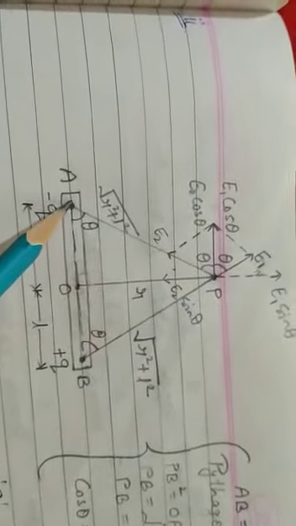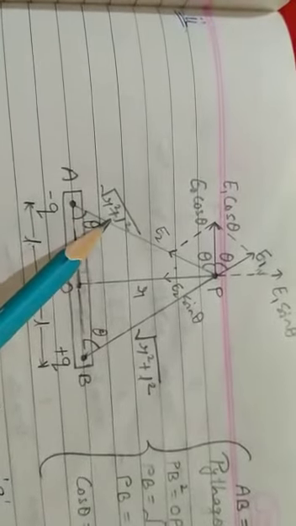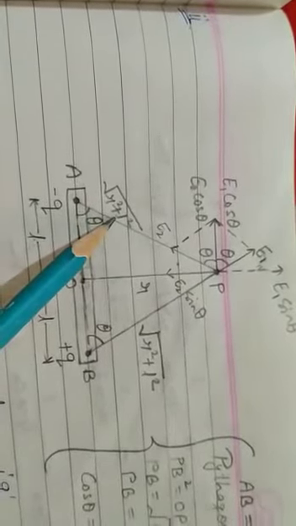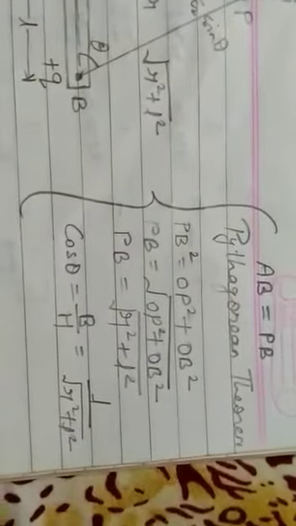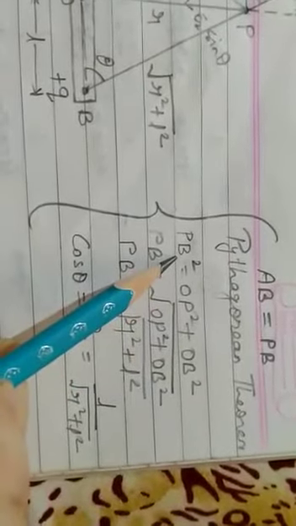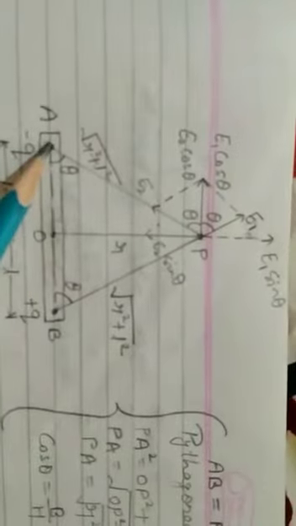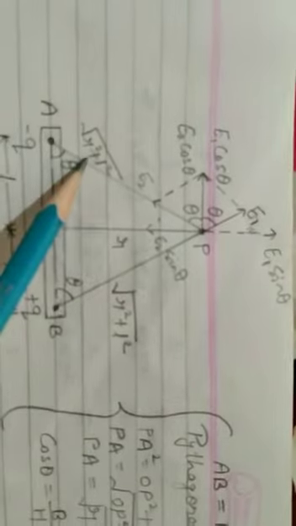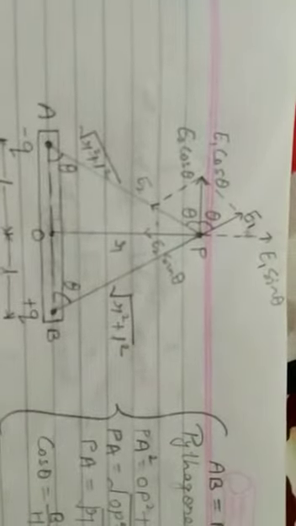So by the Pythagoras theorem we can find the hypotenuse by this formula. One more thing, students: whatever the distance between AP, the same distance will be between BP. So if we find one distance, the other will be the same.